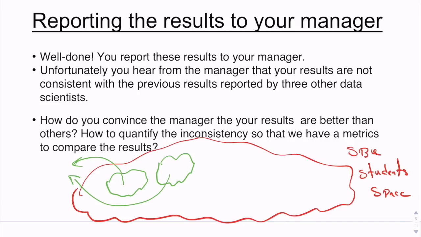Your result is somehow different from others because the way you are sampling this population is kind of biased, because you didn't sample the entire population uniformly. So you didn't walk through other departments and check from them.